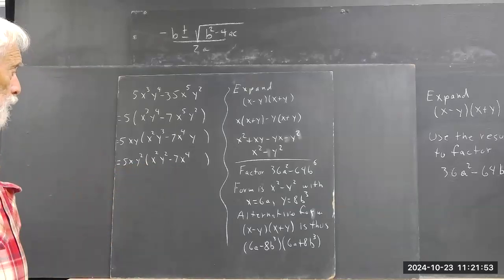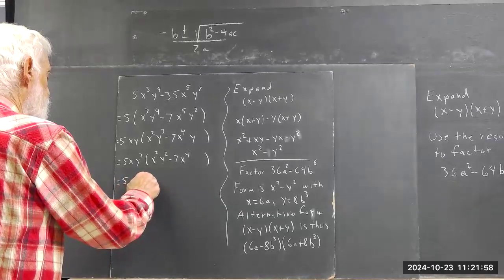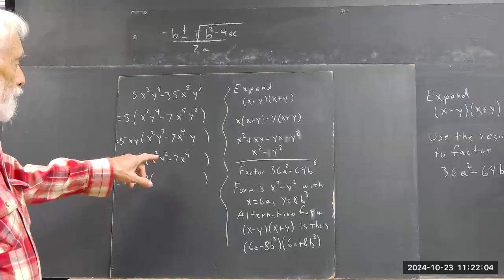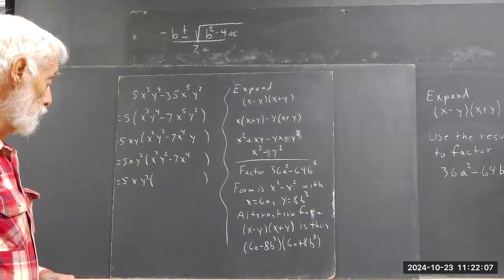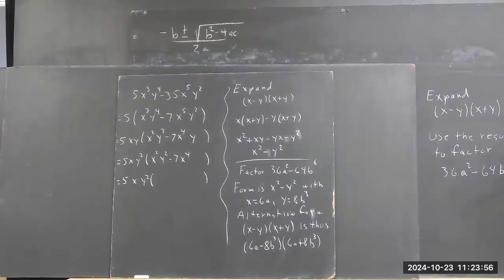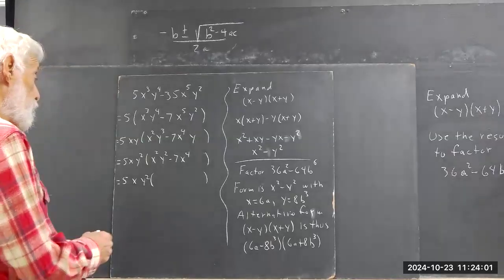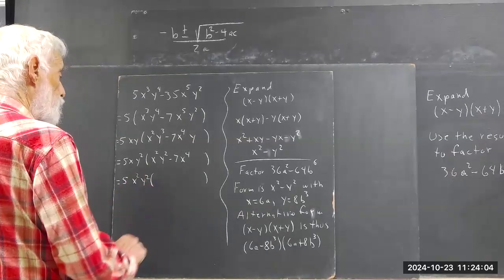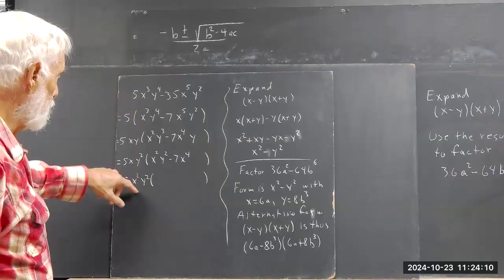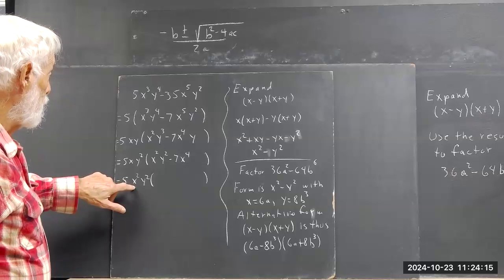But what more could we do with x? What's the highest power of x that we could put here and still get something sensible inside the parentheses? Okay, well, we can take another power of x and write 5x squared y squared. Of course, you want to look back at the original expression to make sure you're in agreement with it.